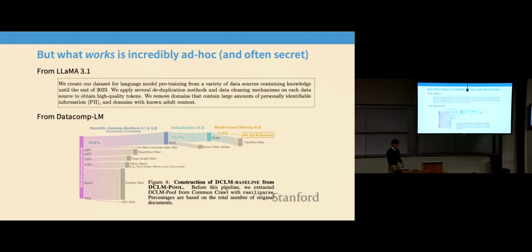But at the same time, data is something that's incredibly opaque. This is partially due to the current crop, I would say, of copyright lawsuits that have targeted every foundation model training lab in existence. If you look at, for example, the Llama 3.1 report, they say they have pre-trained from a variety of data sources.